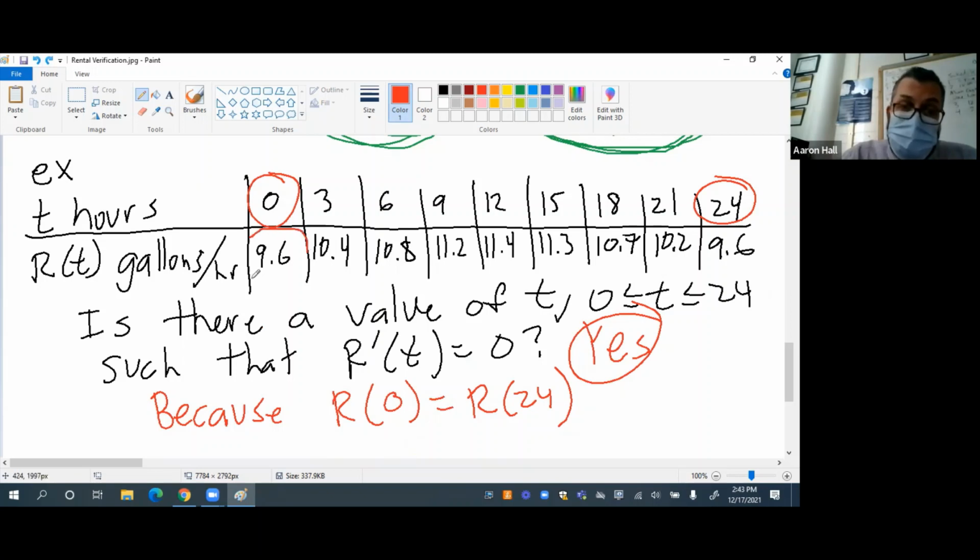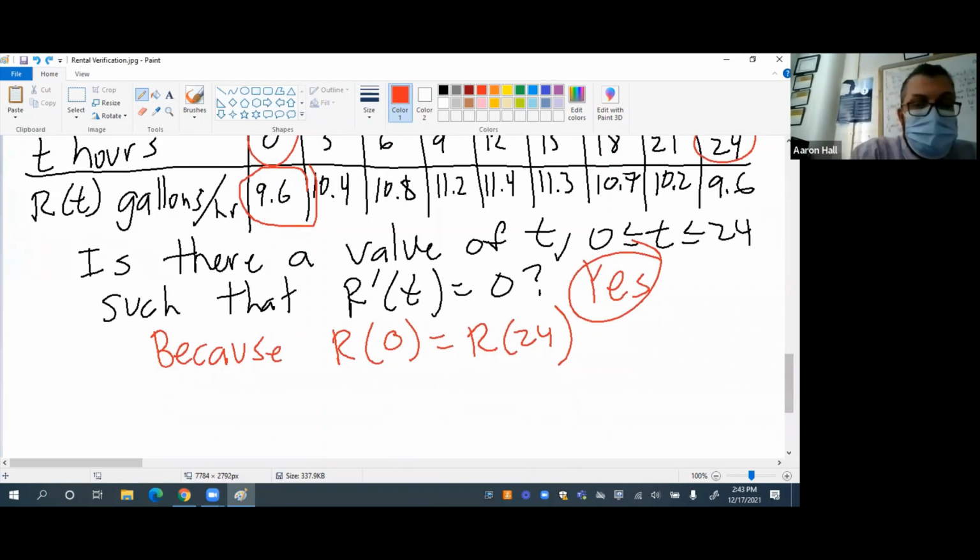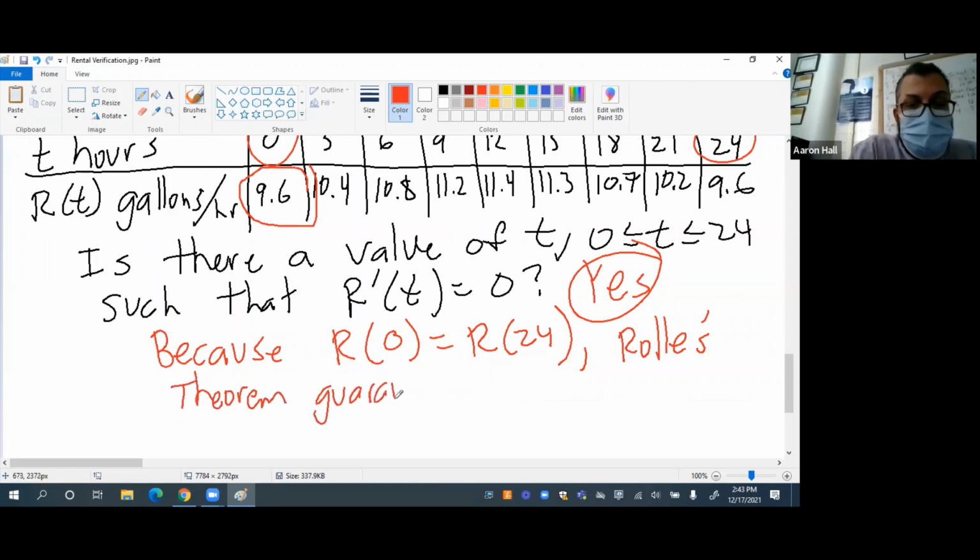So because these Y values are the same, based on Rolle's theorem, it guarantees that we have an R prime of t that equals 0. Rolle's theorem guarantees it.